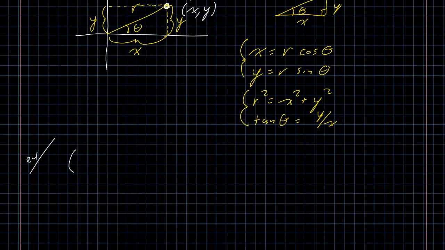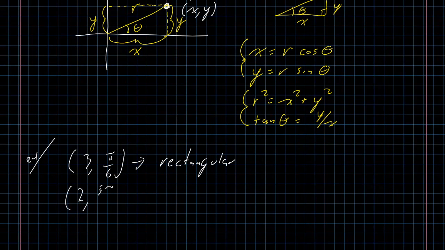So for example, if I have, say, one of the points that I just plotted, 3, pi over 6, and say 2, 5 pi over 4.